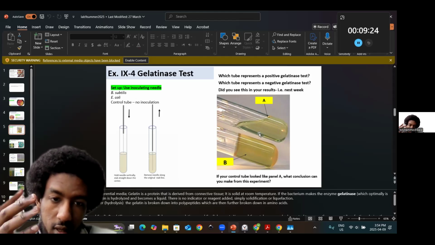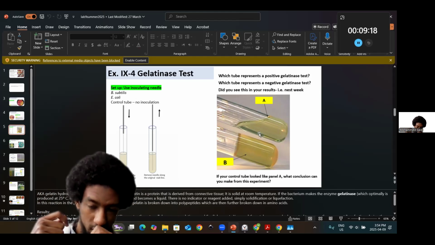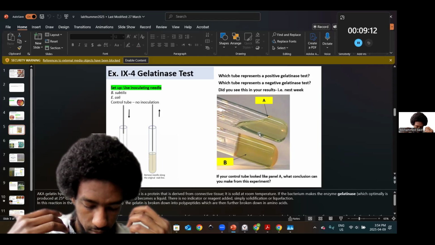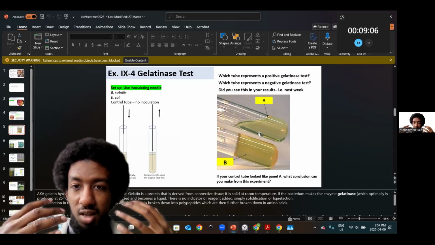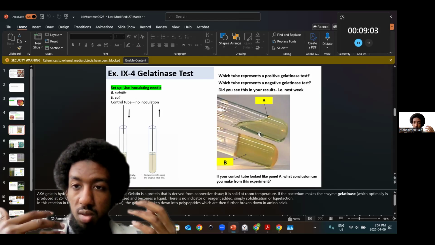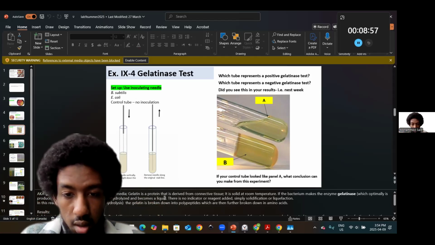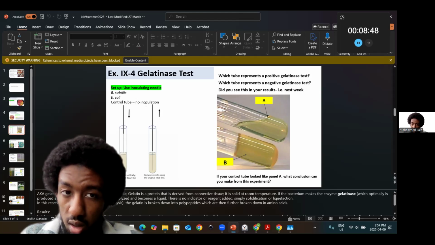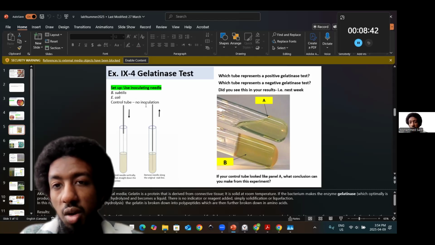If you think of connective tissue like a matrix, now the connections of the tissue itself, the integrity of the media, decreases, to which the viscosity changes to be what you have here. So it becomes liquefied in the case that gelatinase is present. That's something you want to bear in mind. You have B. subtilis versus E. coli, and you had a control tube. So if your control tube showed liquefaction, I want you to think, what do you expect?